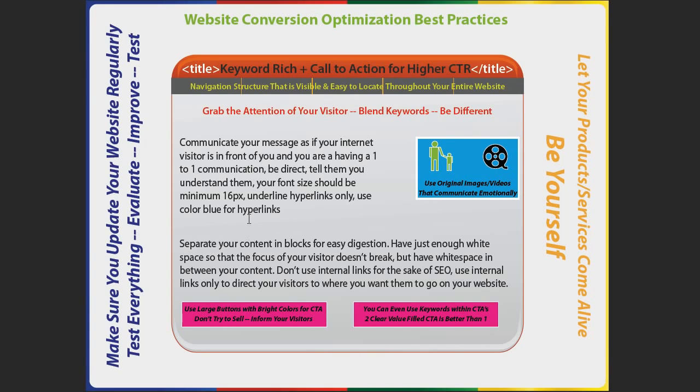Now, you need to separate your content, meaning have white space, so make it easy for your potential customers to consume your message. Okay, white space is very important. Now, a lot of SEO people will tell you internal links are extremely important, therefore have your keywords and link your entire website together by having keywords in your links.